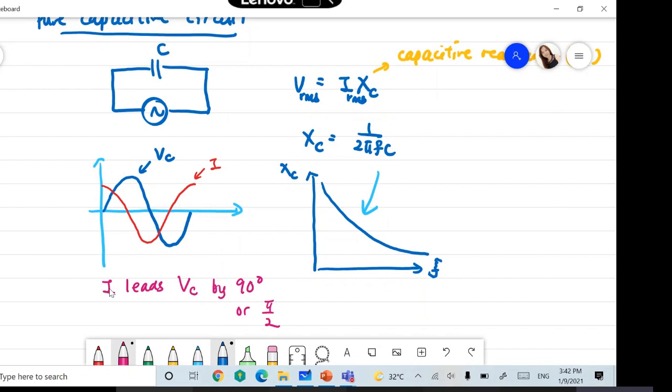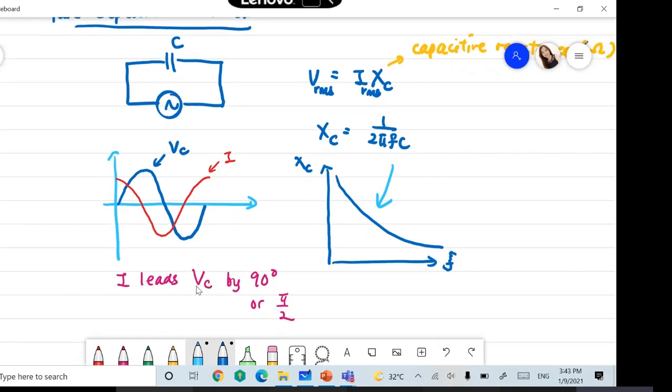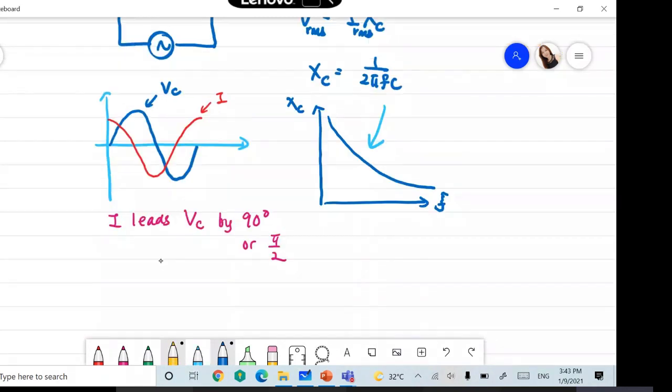This is the phase difference between the I and the voltage across the capacitor. In other words, you can say that V lags I by 90 degrees also can. Either I leads the VC by 90 degrees, or V lags I by 90 degrees also can.